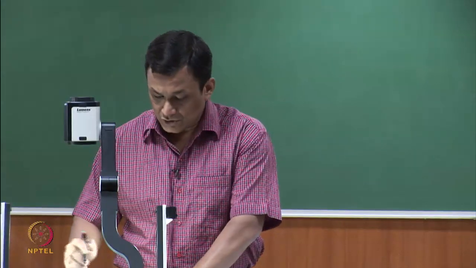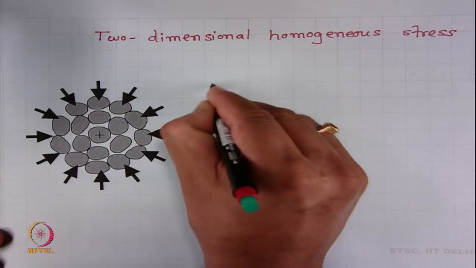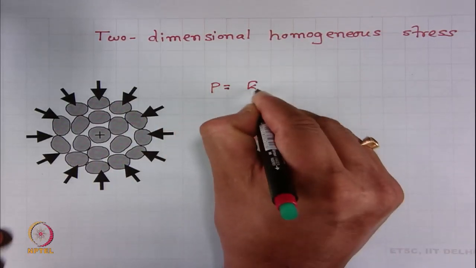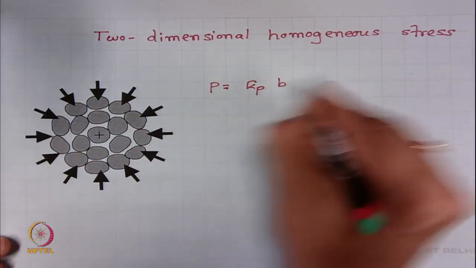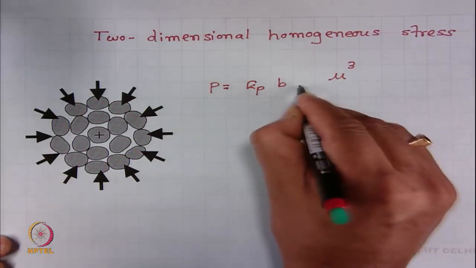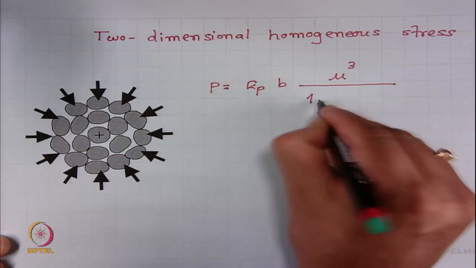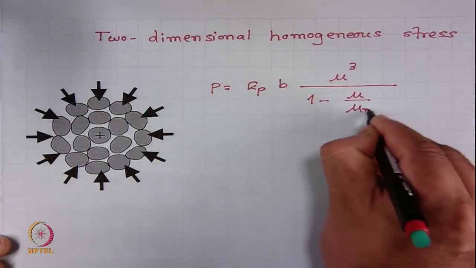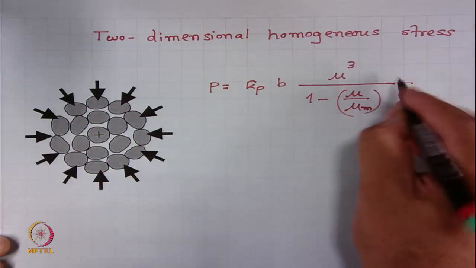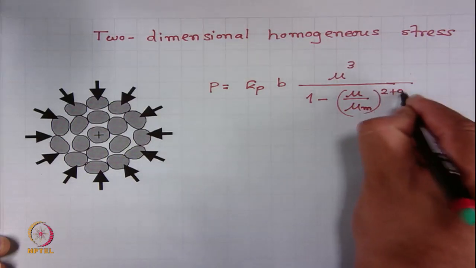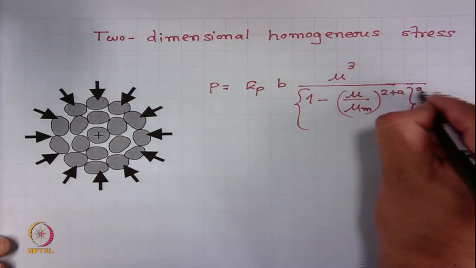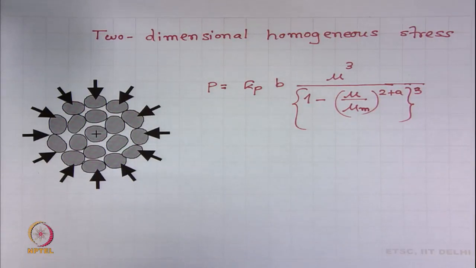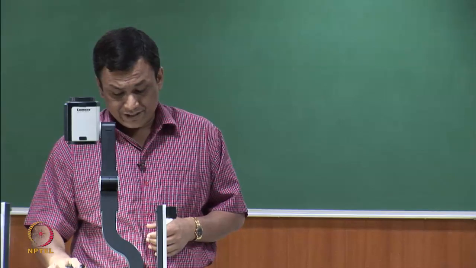Then it is possible to derive that this pressure P is a coefficient K P times B mu cube by 1 minus mu by mu maximum to the power 2 plus A, and then this 3. So, it is possible to derive this relation. We are not going into the detail of this derivation, it is possible to derive this expression.